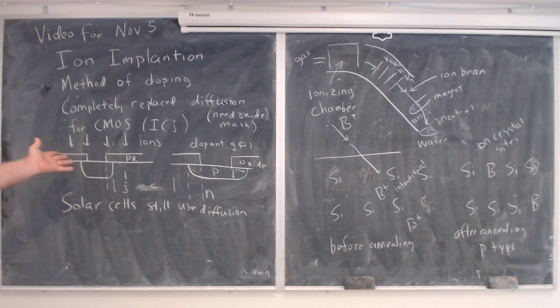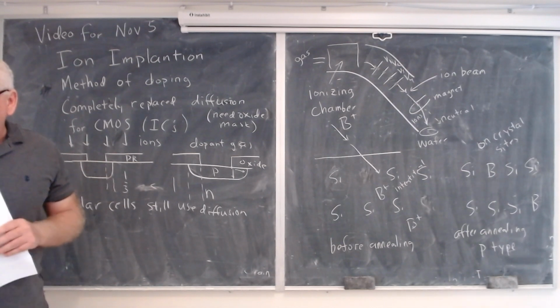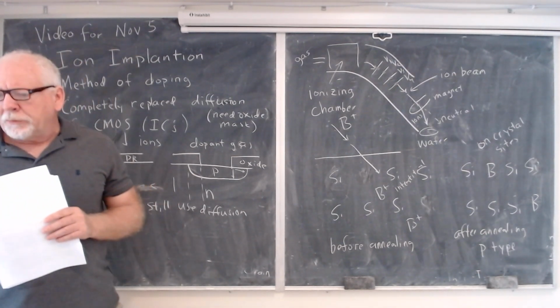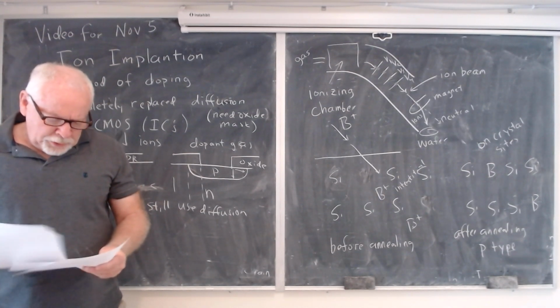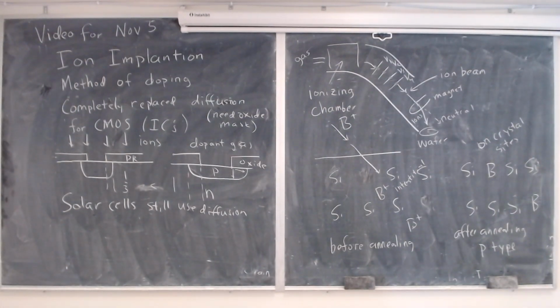But if you go to work, for example, for Intel or other foundries, what you would find is that all the doping that they do is with ion implantation. And so the lecture's kind of short, because that's all I really want to go through on ion implantation.